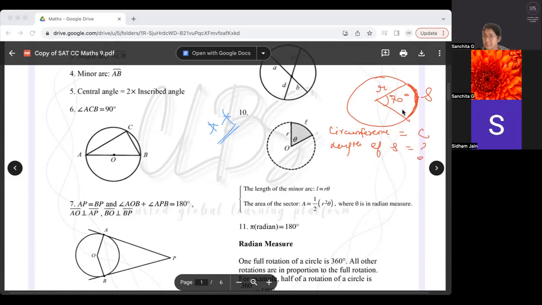So what is given? This is a circle, the central angle is 70 degrees, I am keeping the length as S for now, and my radius is given. Let's say I'll take radius as 10, what you mentioned instead. So how do I find the length of S?